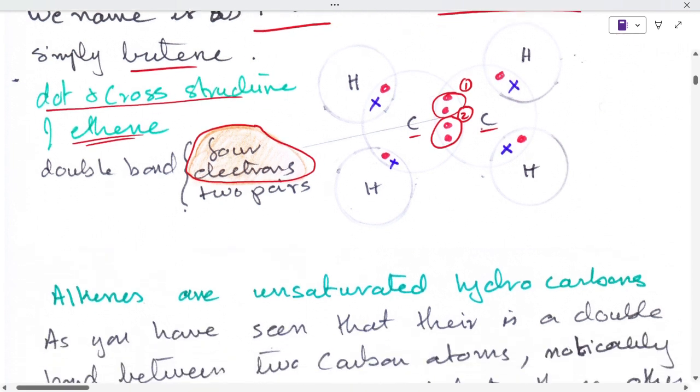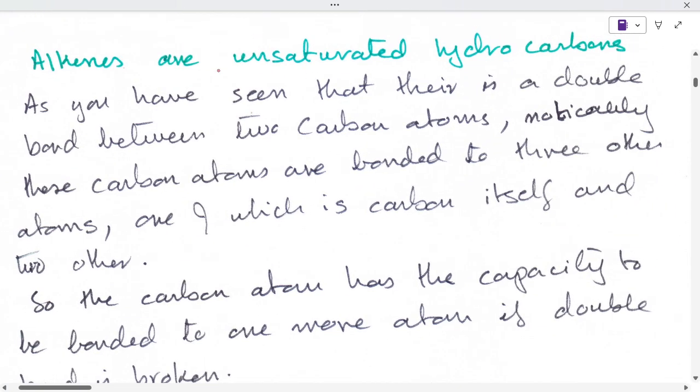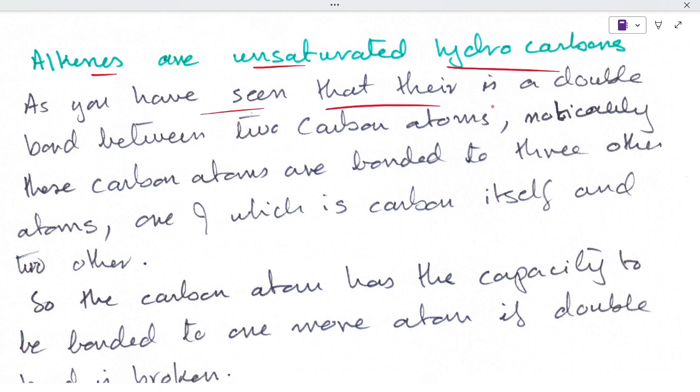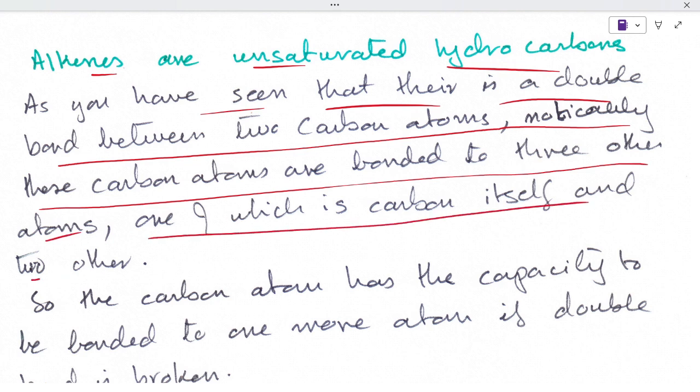Now we will study that alkenes are unsaturated hydrocarbons. As you have seen, there is a double bond between 2 carbon atoms, and noticeably these carbon atoms are bonded to three other atoms, one of which is carbon itself and two others.